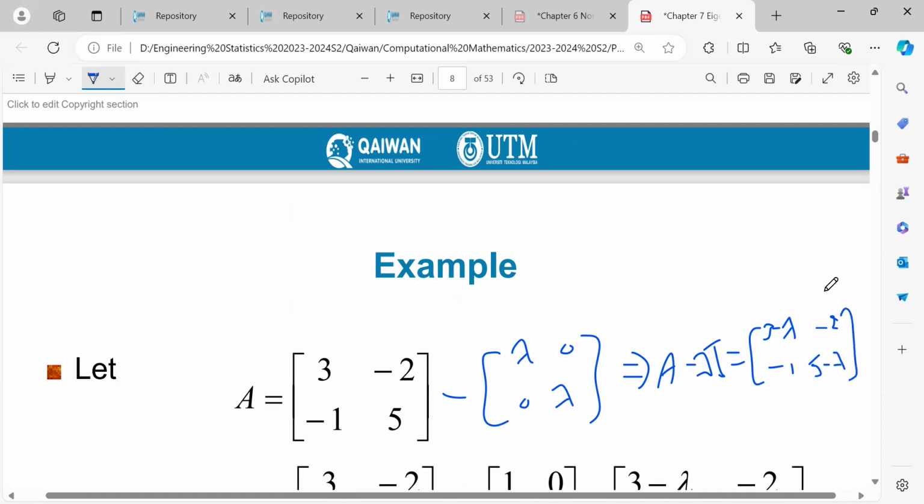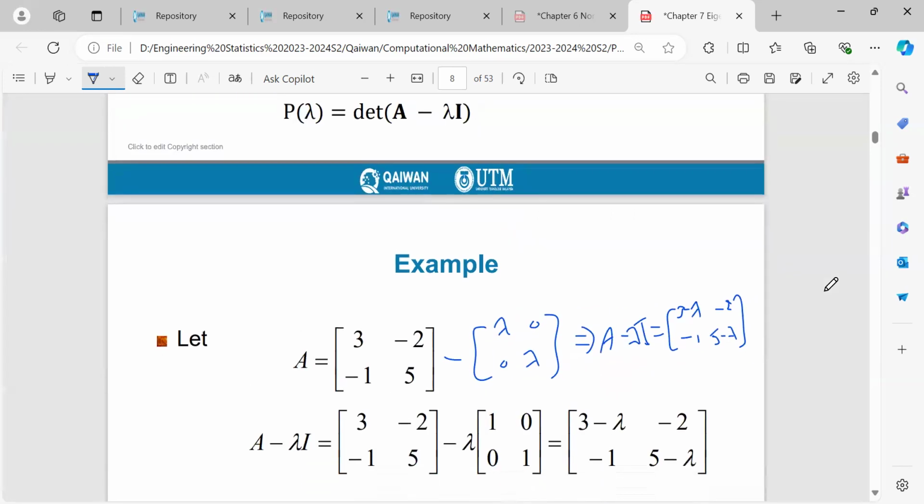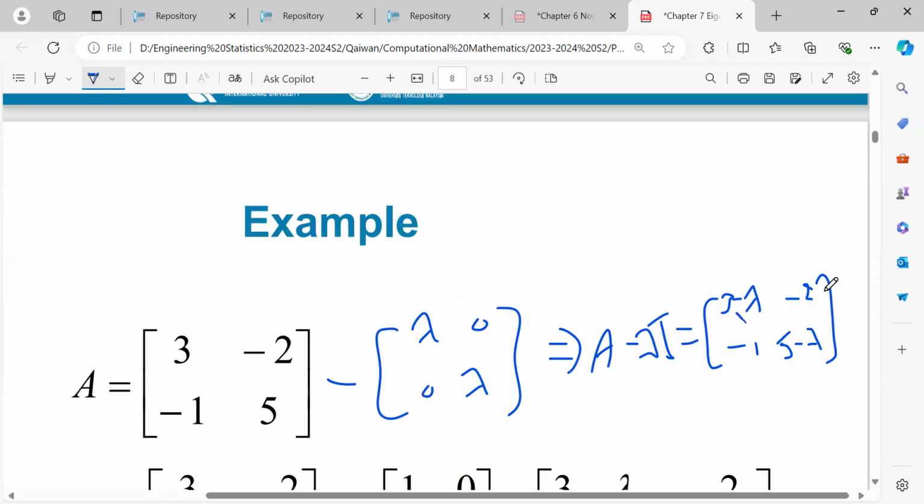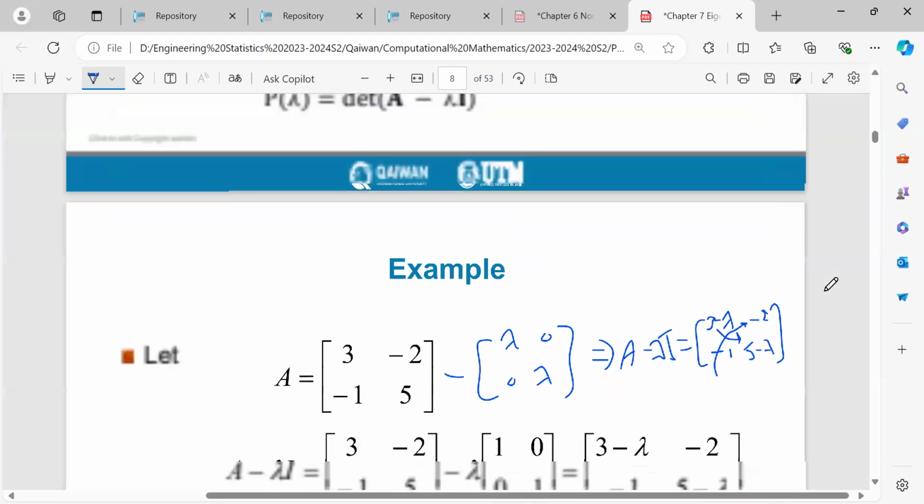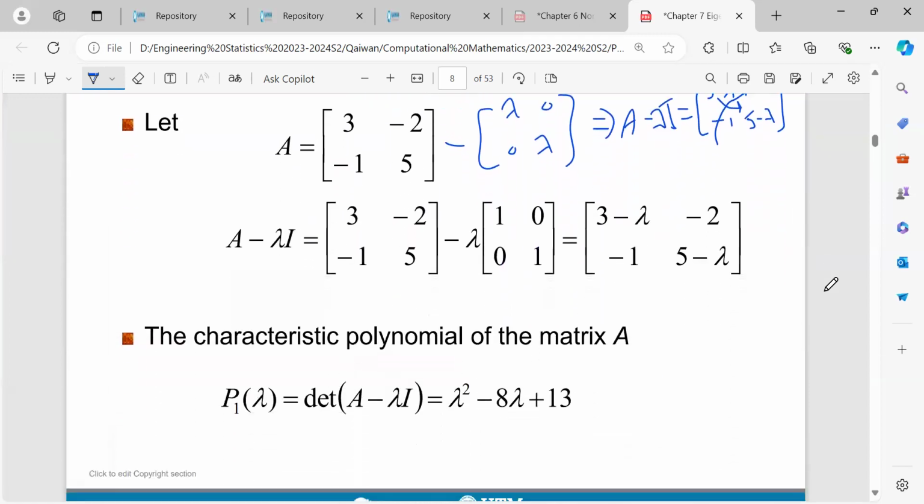Find the determinant of that matrix. That will be P of lambda. The determinant is multiplying these two, then minus multiplying these two. After simplifying, we get this polynomial. The roots of this polynomial are the eigenvalues. They are lambda 1 and lambda 2.